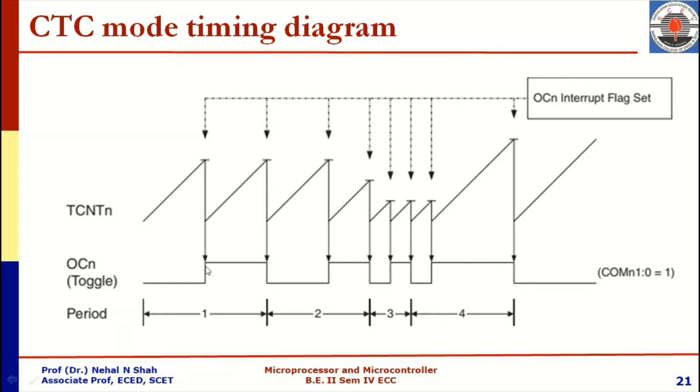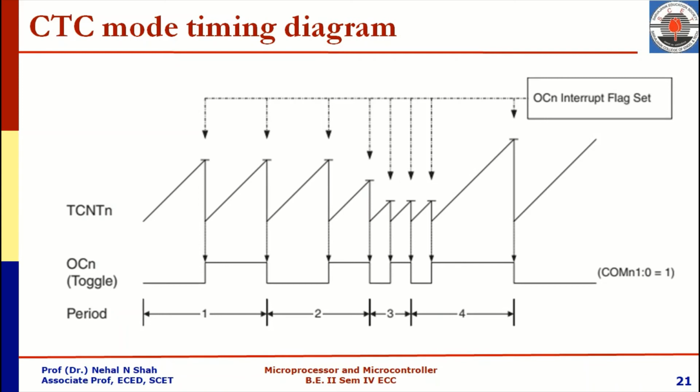We can observe that initially this OC0 pin is 0. The first time the OC0 flag is set, it becomes logic low to logic high. After the second interval, again it becomes logic low. We can also observe that the time periods generated for the first, second, third and fourth intervals are different.